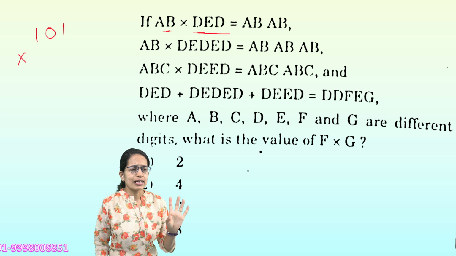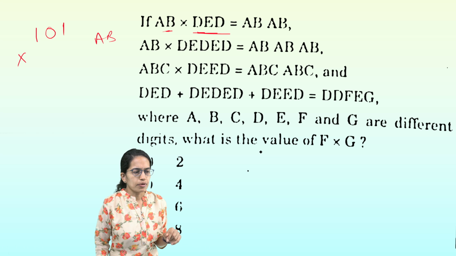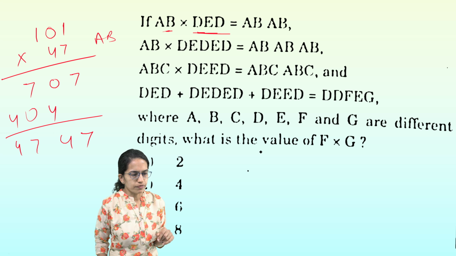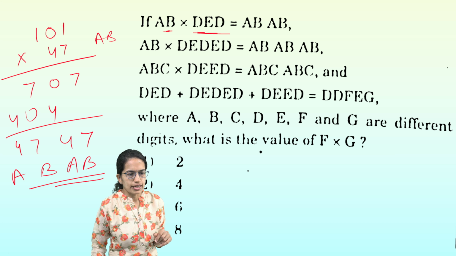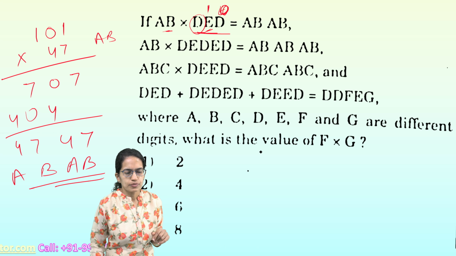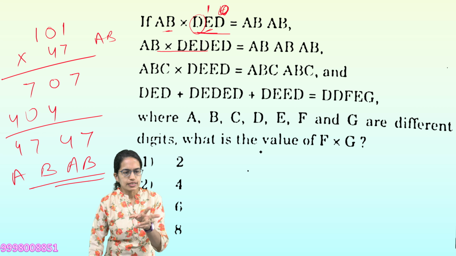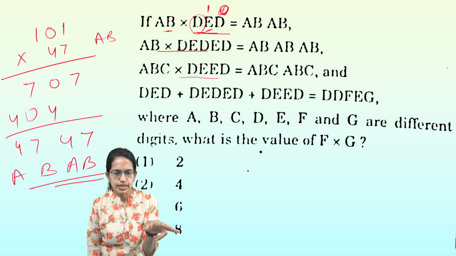For AB I can take any number. So let my AB be 47 or any such number. Okay, so this gives me 707 and this gives me 404. So it becomes 4747. That is again AB. Now with this I can prove that yes, D is 1 and E is 0. Right? So I repeat the same exercise for various numbers and I get the answer.